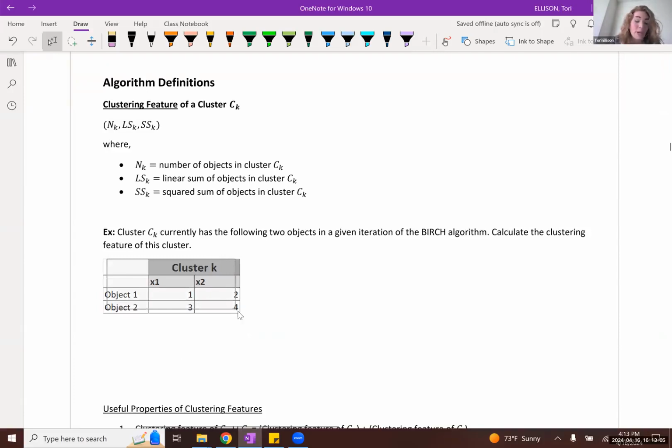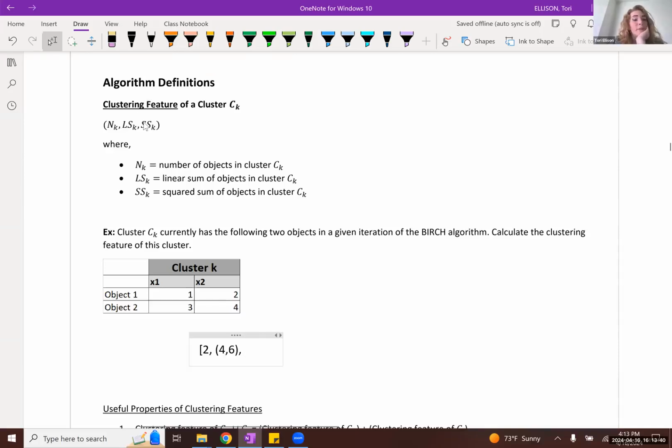So for instance, if this is our cluster here, the first observation in the tuple would simply be 2, for 2 observations. The second value in the tuple is the linear sum. We simply take the sum of each of the attributes of each of the observations in that cluster. So the linear sum of this cluster would be 1 plus 3 and 2 plus 4. We get 4, 6.